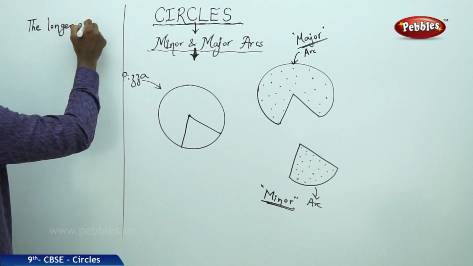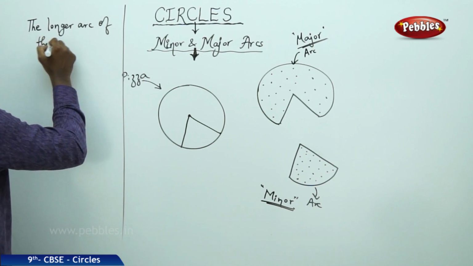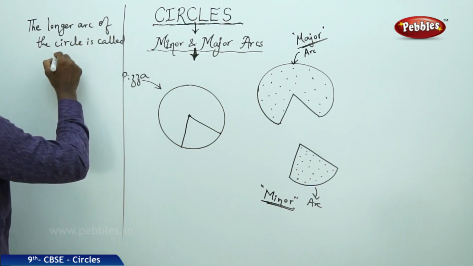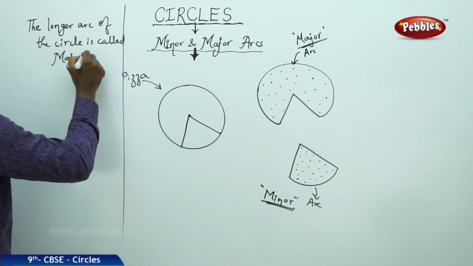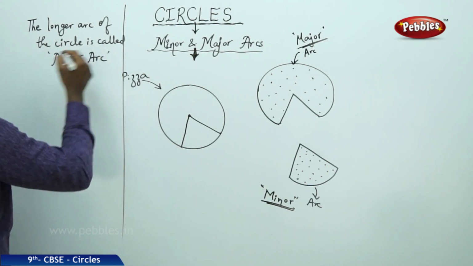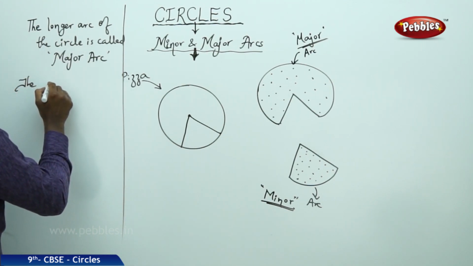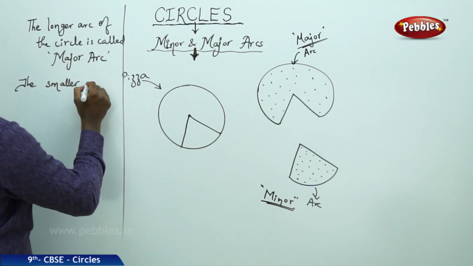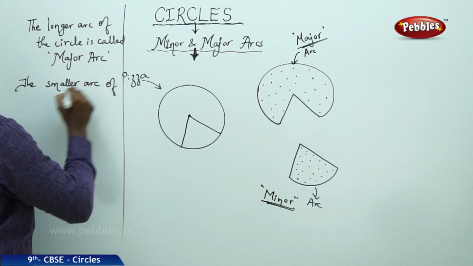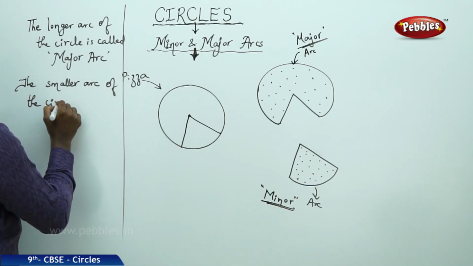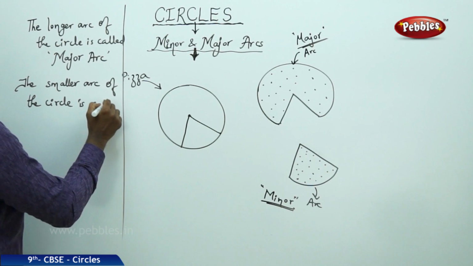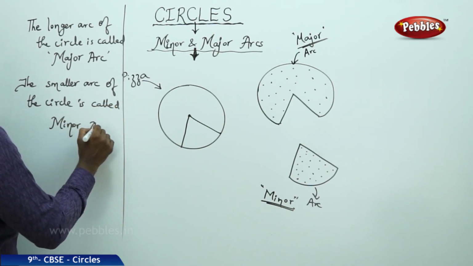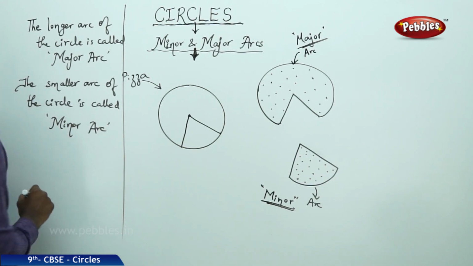The longer arc of the circle is called major arc. And the smaller arc of the circle is called minor arc.